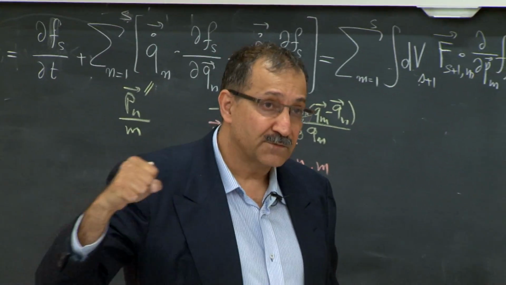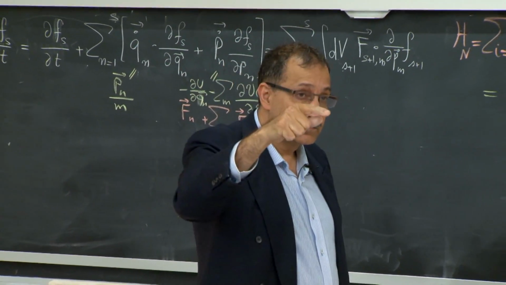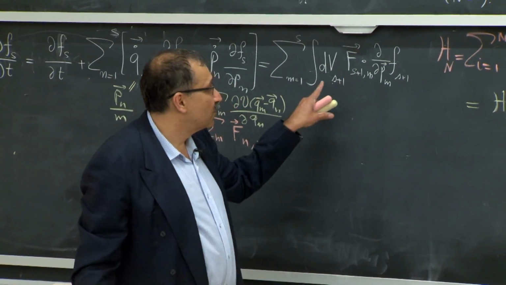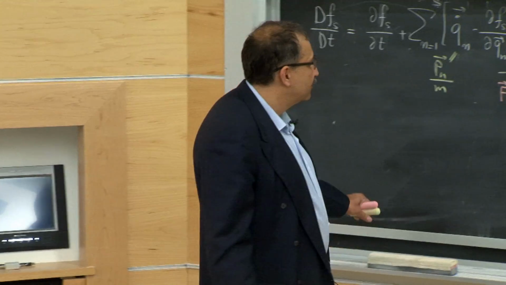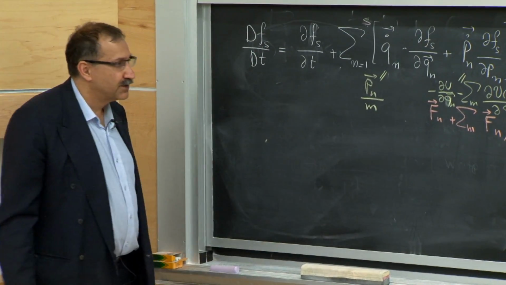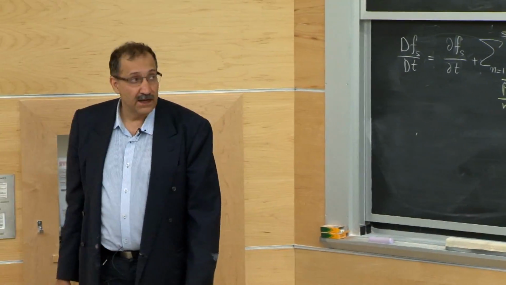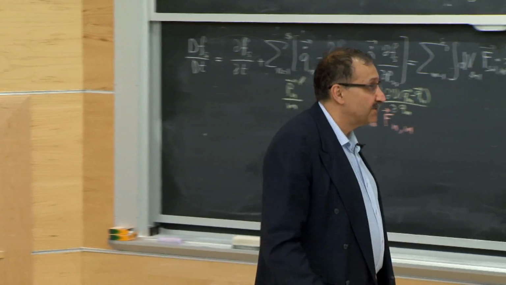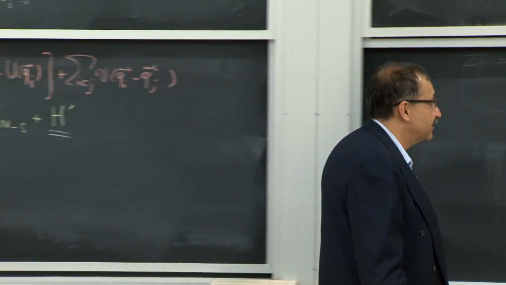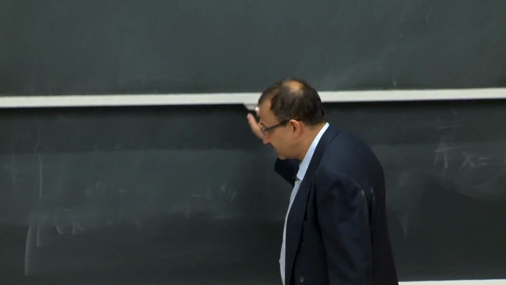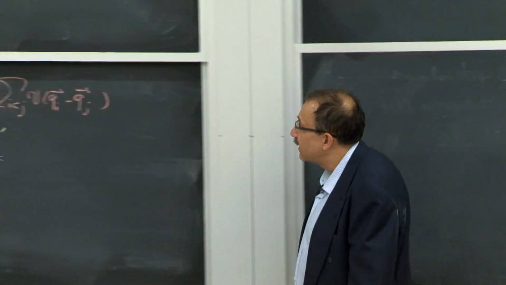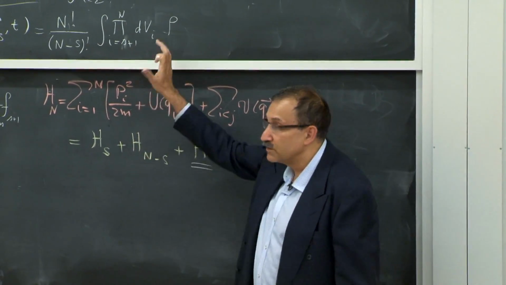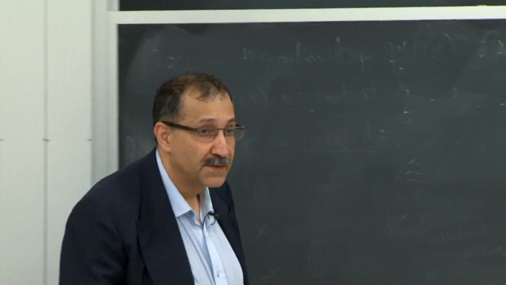And I have to ask, what is the possibility that there is a second particle with some particular momentum and coordinate that I will be interacting with? Okay? So this is the general set of these BBGKY hierarchy of equations. And at this stage, we really have just rewritten what we had for the Liouville equation.